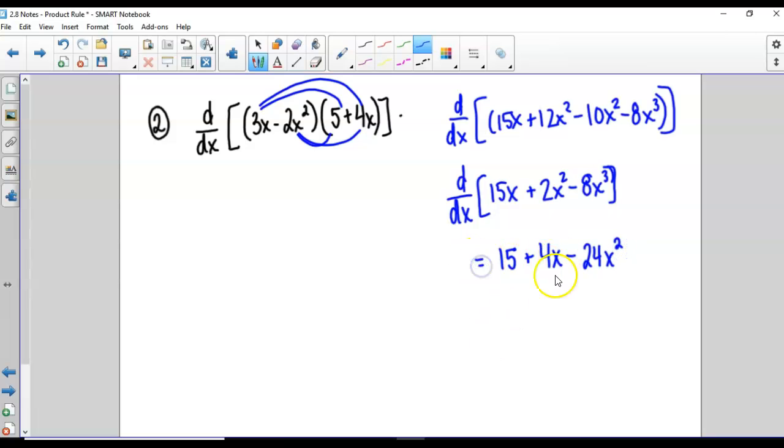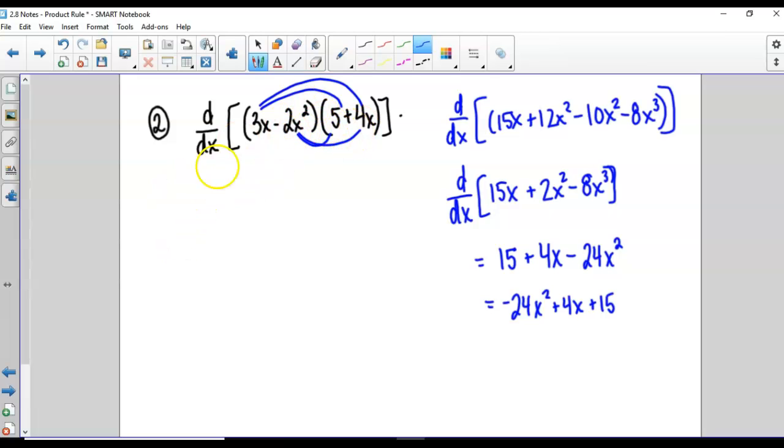That would be our derivative. It might be written like that. You also might see it written negative 24x squared plus 4x plus 15. So you can do this the way that we have already learned, just expand and then use the power rule. But we could use the product rule also here.